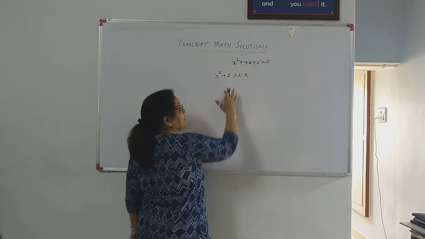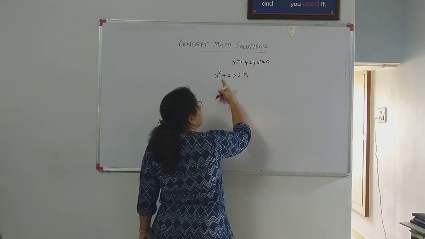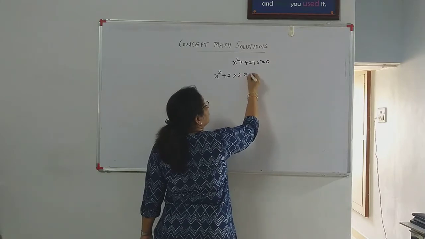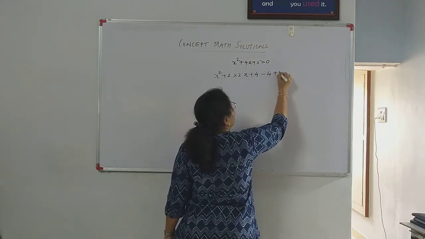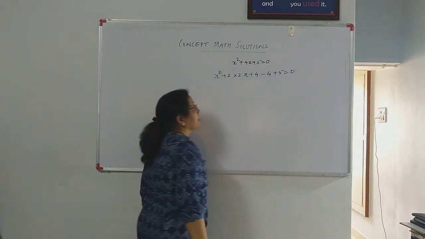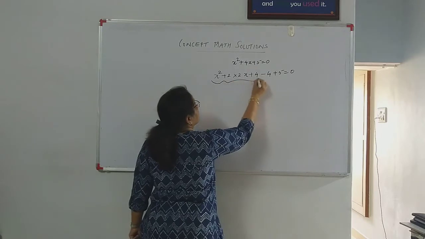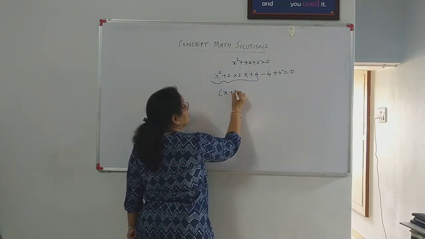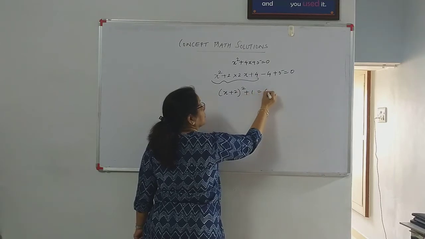So we did not multiply or divide like in the earlier one. Now a² + 2ab, so b² is 4. So I subtract that, plus 5 equal to 0. Right? I added 4, subtracted 4. Now this is (x + 2)². This is plus 1 equal to 0.